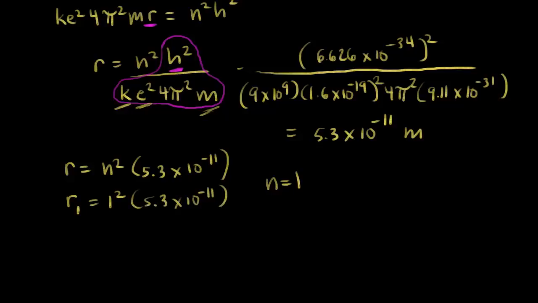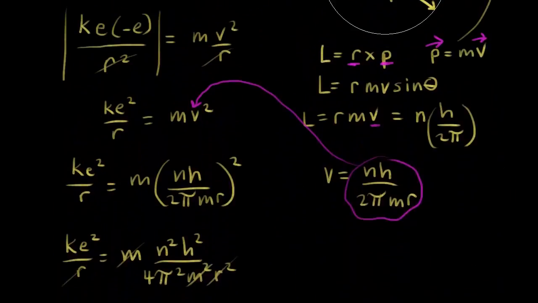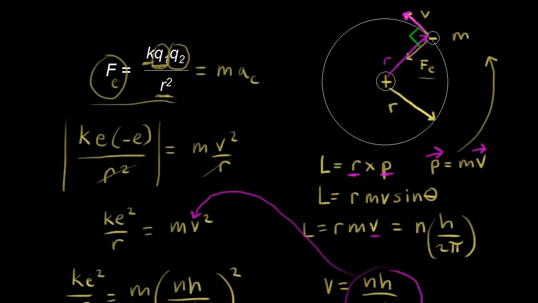We know that when n is equal to 1, the radius is equal to 5.3 times 10 to the negative 11 meters. Let's go back up to the picture so I can show you what we're talking about and why that's an important value. This is what we just calculated: the radius for a ground state electron in hydrogen. We calculated this distance and called it r1.